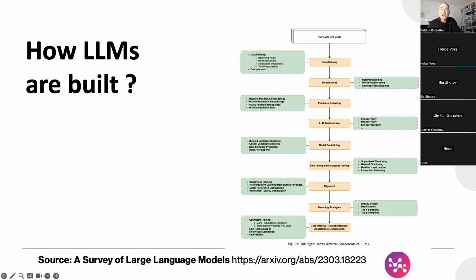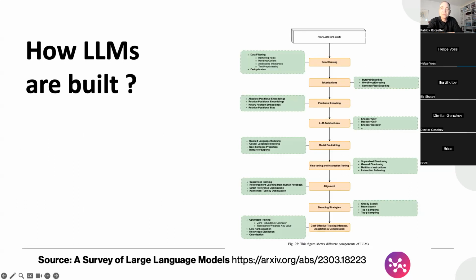We also discussed last time how we build an LLM. We start with data filtering, data cleaning. Then we tokenize the text, meaning we break the text into smaller pieces. Can be words, can be byte pairs. Then we convert the text, the tokens, into vectors.